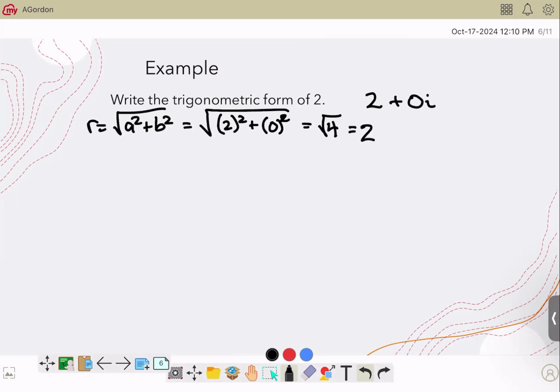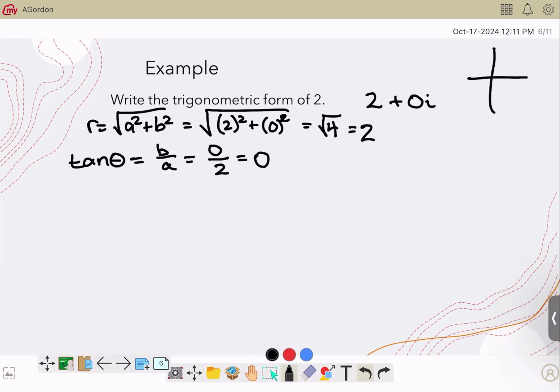And next we need to find theta. So tangent of theta is b over a, and b is 0, and a is 2. So tangent of theta is going to be equal to 0. So I'm going to find an angle where tangent of that angle is 0, and tangent is sine over cosine. So for tangent to be 0, sine has to be 0.